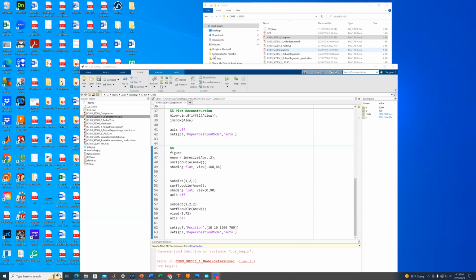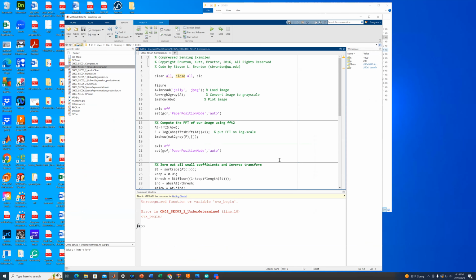So if you look at this code, this is a simple example wherein we are capturing an image of a jellyfish.